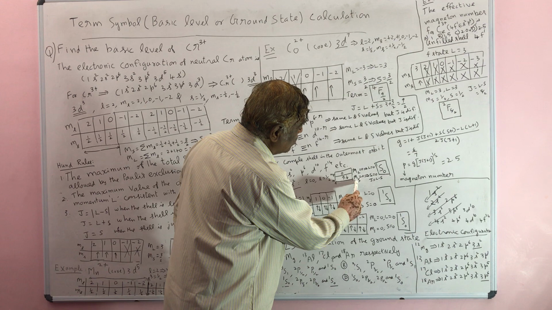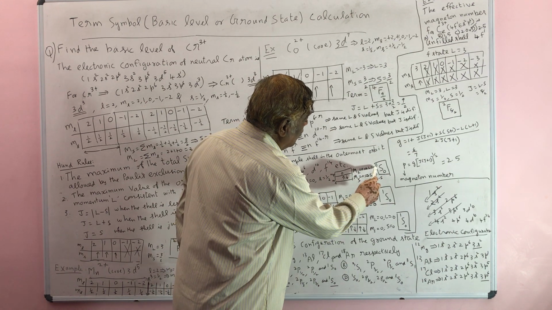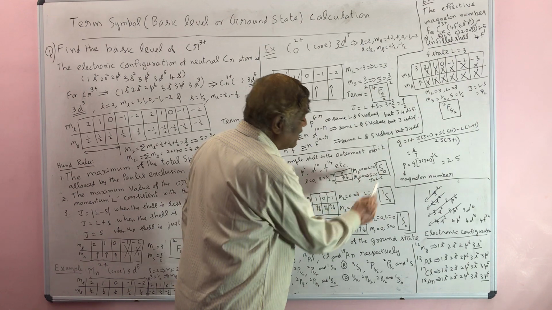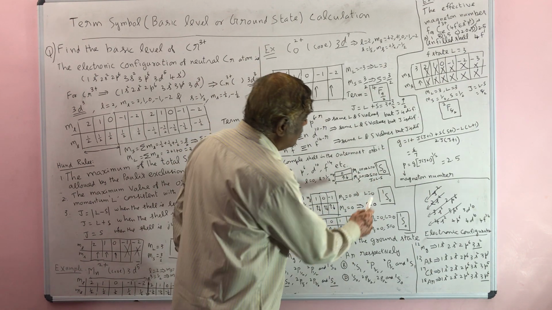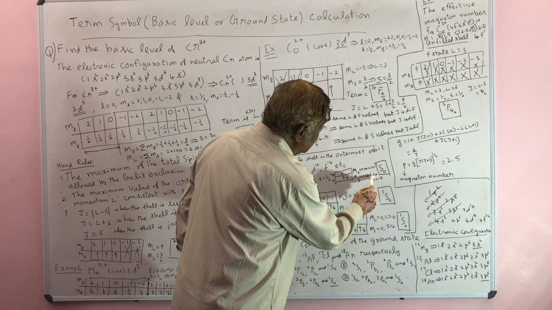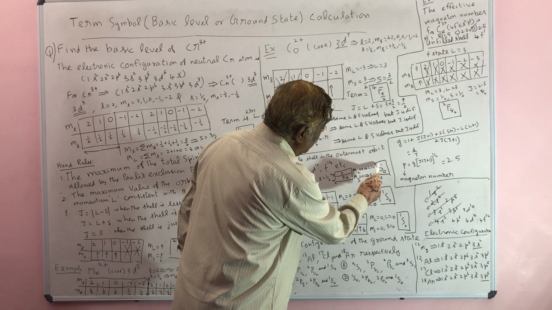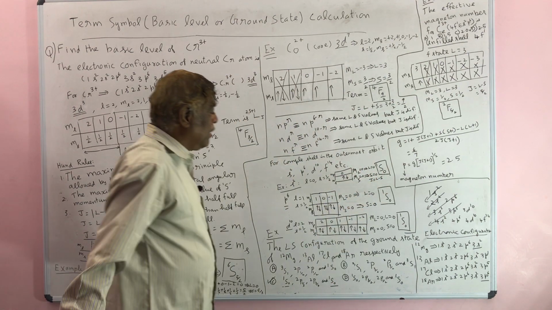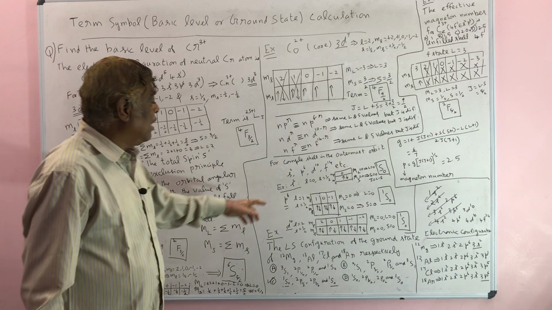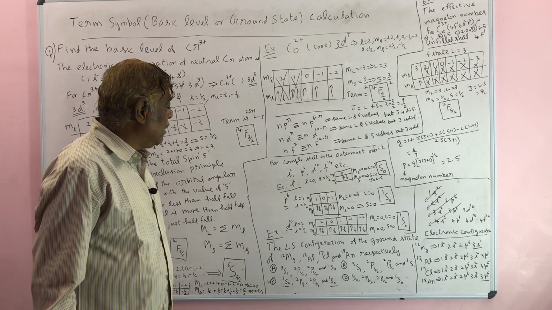This is paired, so Ms is equal to 0. So S is equal to 0. So both L is equal to 0, S is equal to 0. Therefore J is also 0. So L corresponds to S state. Since S is equal to 0, 2S plus 1 is 1 and J is equal to 0. So the term is 1S0, corresponding to an atom having the last shell as s2.